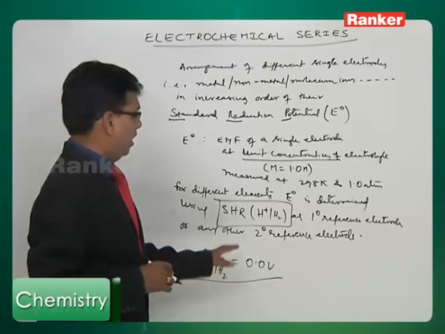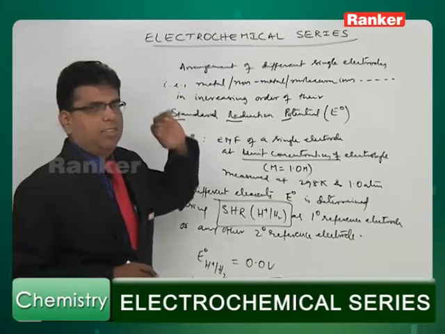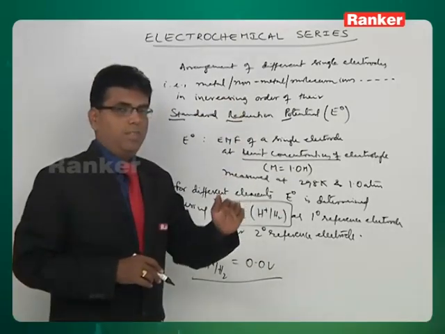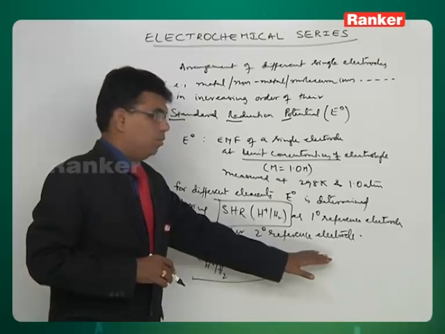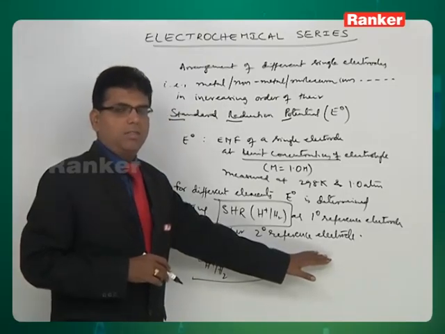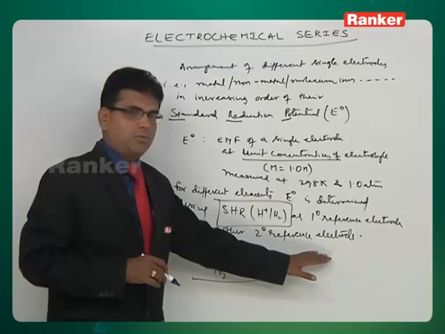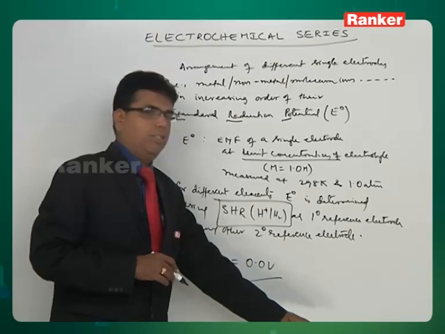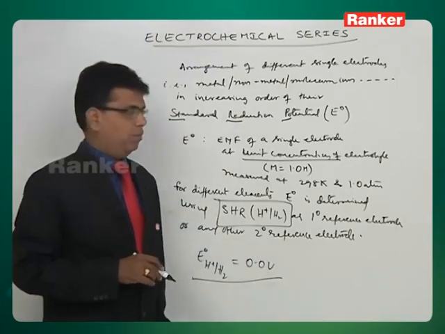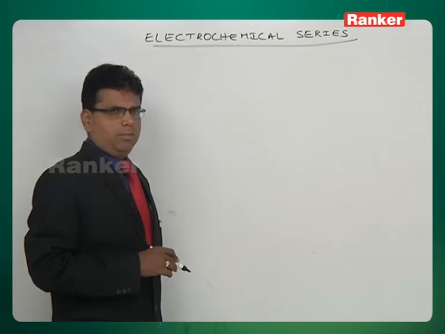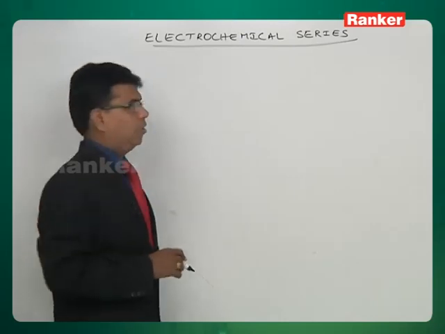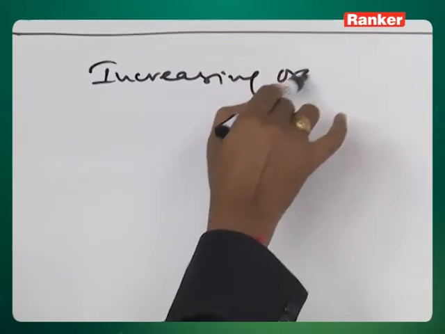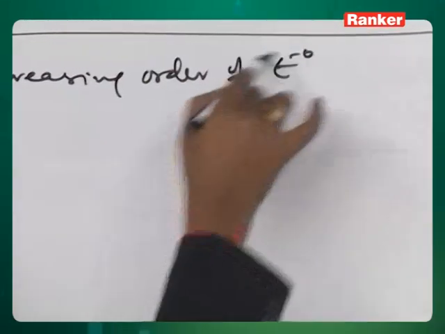Now, the electrochemical series is the arrangement of all those elements in increasing order of their SRP, means starting with the least reduction potential, reaching 0 at hydrogen, and below this positive values. So, in the electrochemical series, the elements are arranged in increasing order of E naught.